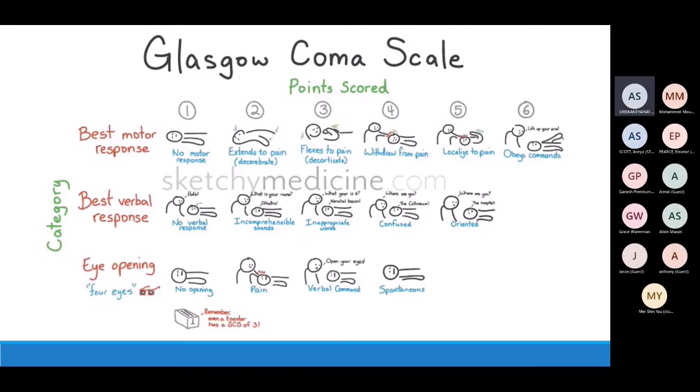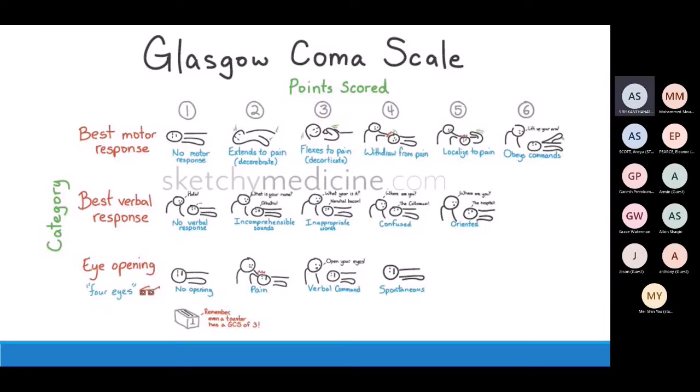And then if they're scoring a bit lower, so if they're able to try and shuffle their body away from pain, but they're not actually able to move you away, that's 4. If you can see some flexion, so they won't be able to actually reach out and move your arm or move themselves, but they're responding to pain by just flexing their limbs, that's 3. If they're extending, so kind of arching to the pain, that's 2. And no response always scores 1.